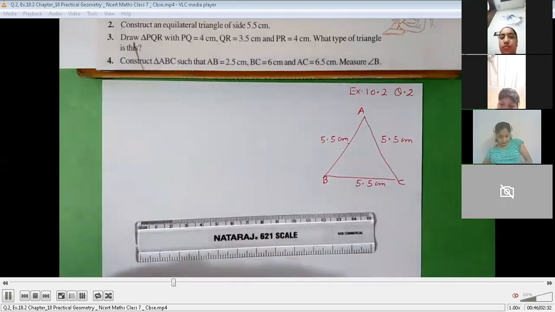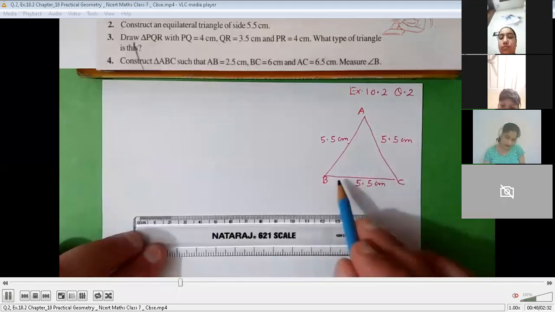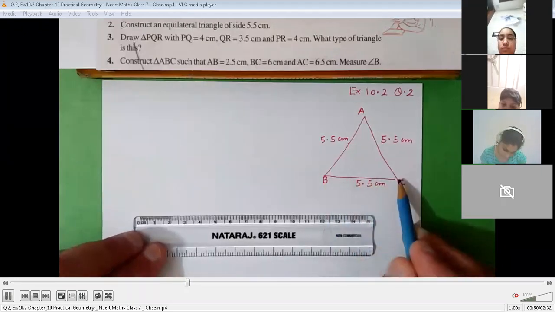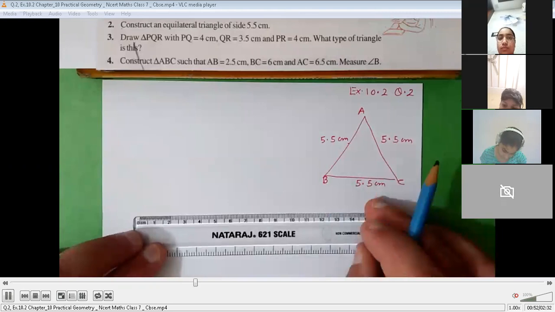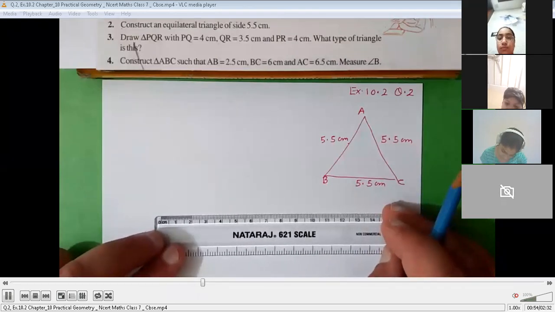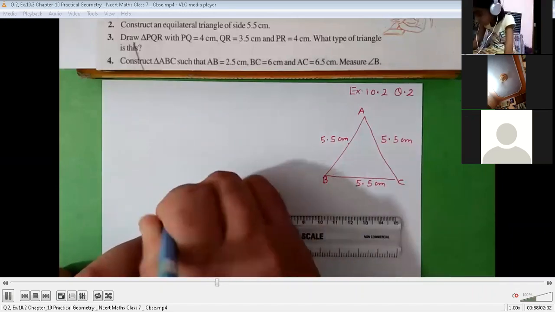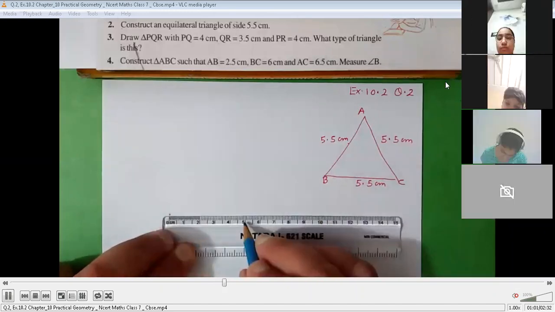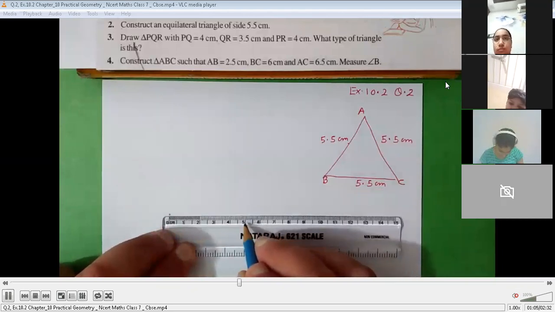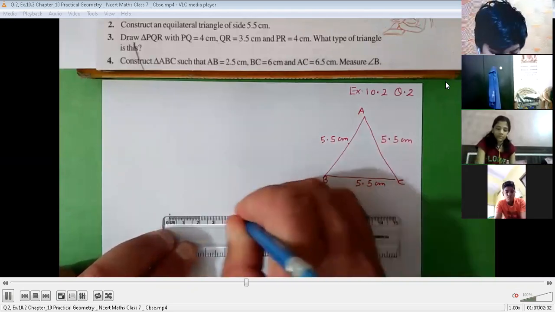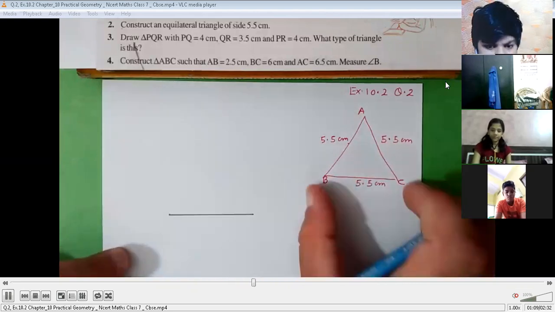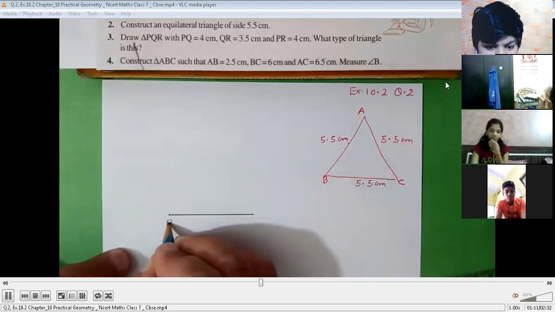First of all, we'll take one side, BC, of 5.5 centimeters. So we'll draw a line of 5.5 centimeters first. Naman, draw it and show me your notebook also. Draw a line of 5.5 centimeters and mark it as BC.